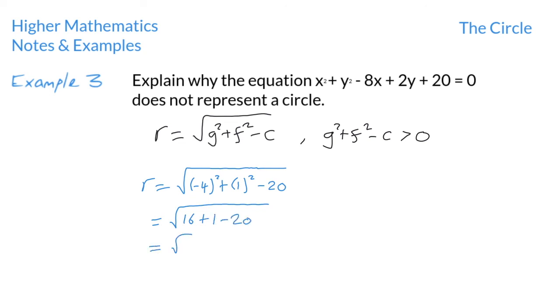Here we have the answer, the square root of -3. That's not possible at this level of math. We can't take the square root of a negative value at the moment. So the answer means that actually this is not a circle. We would say something like, as g squared plus f squared minus c is less than 0, it does not represent a circle. So watch out for those kinds of questions in your practice.